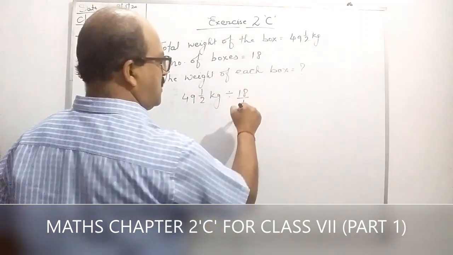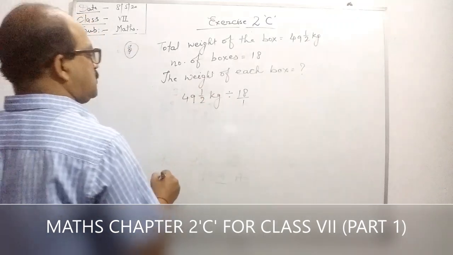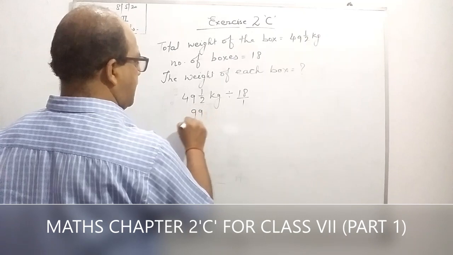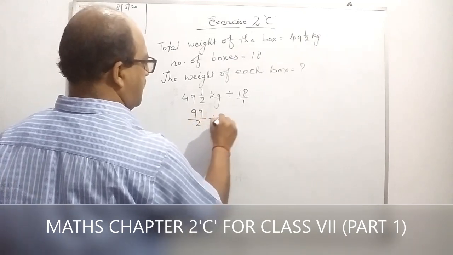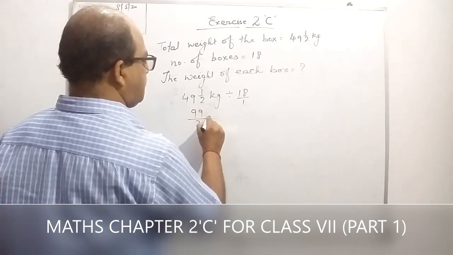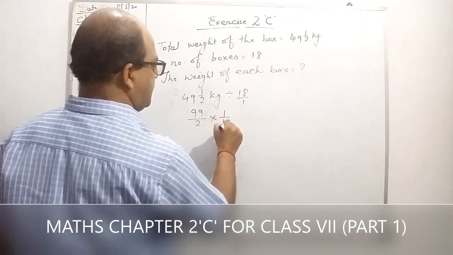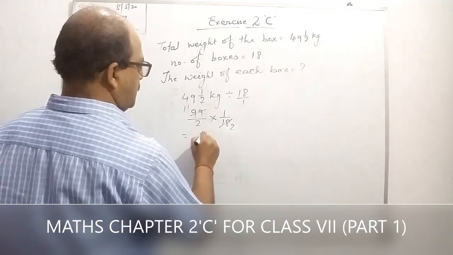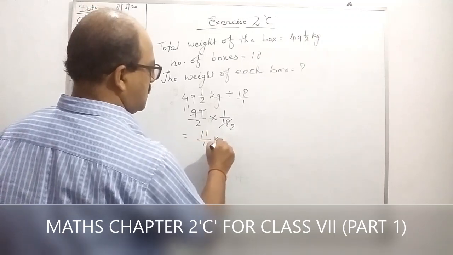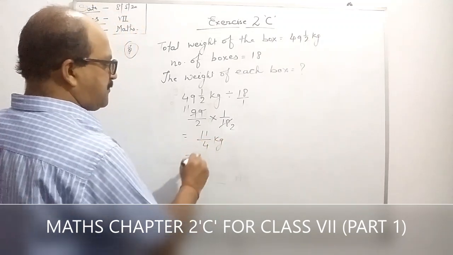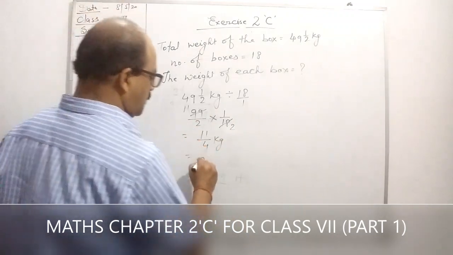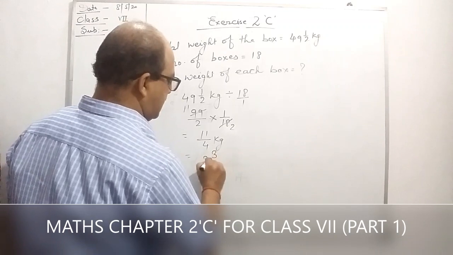The simplification is 49 whole 1 by 2 kg divided by 18. As we know, 18 by 1, and 49 twos are 98 and 1 is 99, so 99 by 2 multiplied by 1 by 18. 9 twos are 18 and 9 elevens are 99. So 11 by 4 kg. This improper fraction changes into a mixed fraction: 4 twos are 8 plus 3 is 11.